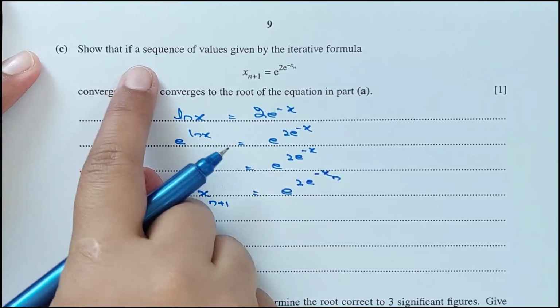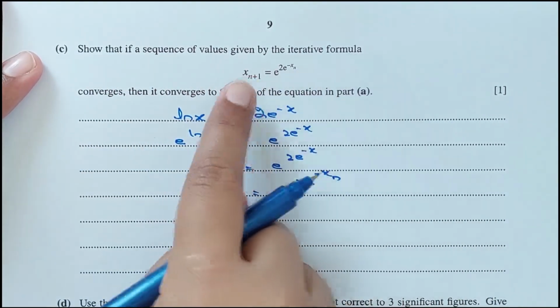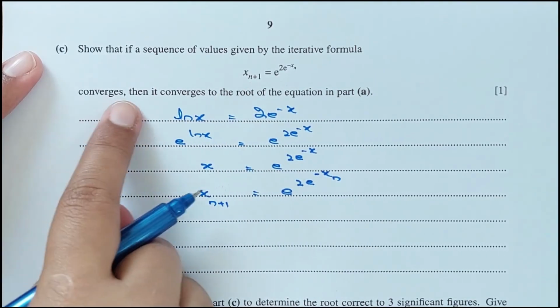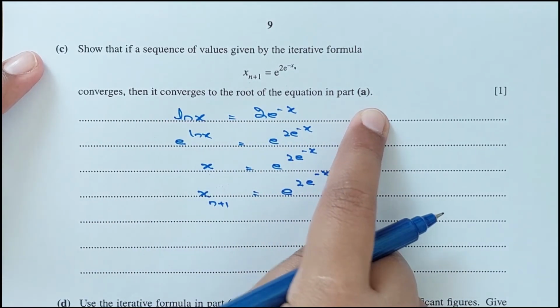So as you can see, if the sequence of values given by this iterative formula converges, then it converges to the root of the equation in part A.